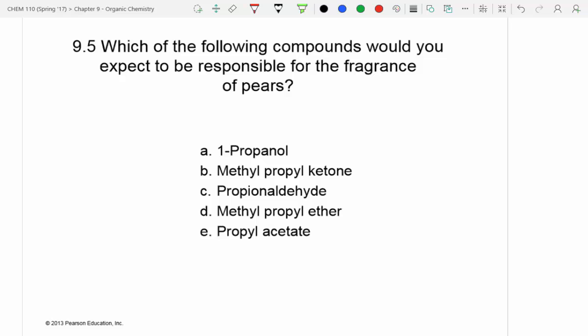Which of the following compounds would you expect to be responsible for the fragrance of pears? This one's a little bit tricky. I'll give you guys a hint: esters are the smelliest molecules. So let's try to use process of elimination.